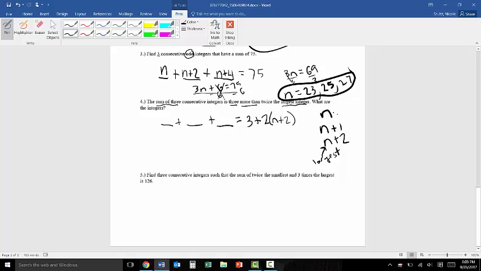So then we can actually take our 3 integers and put them in the blanks like we were doing in the other problems. And now we solve it like a normal problem.